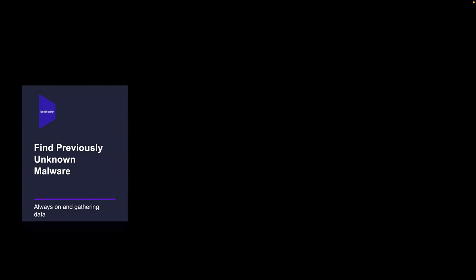In the identification phase, we're all about finding previously unknown malware. Deep visibility constantly gathers information and sends it up to the centralized server. There we can go through and search that for anything we want to try to find.